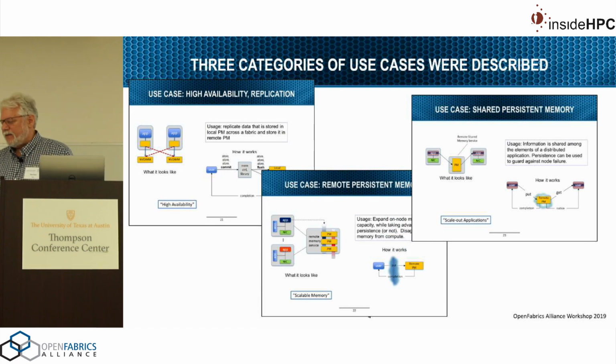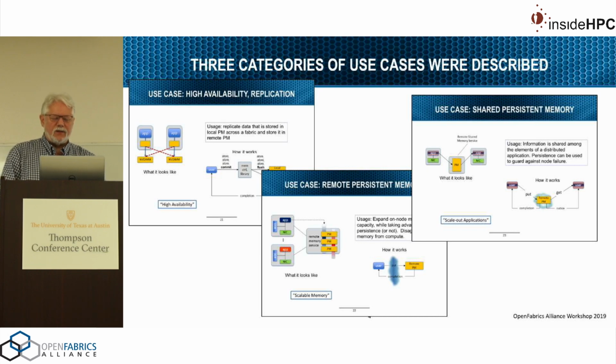Last year when I talked about this, I introduced the idea of 3 high-level use cases. Nothing magic about this. There may be 4, there may be 2. We need to define and refine this thinking quite a bit. But the 3 were a high availability use case, or a data availability use case if you prefer. And this one's been pretty well developed already because SNIA has done a tremendous amount of work in this with the so-called high availability white paper.